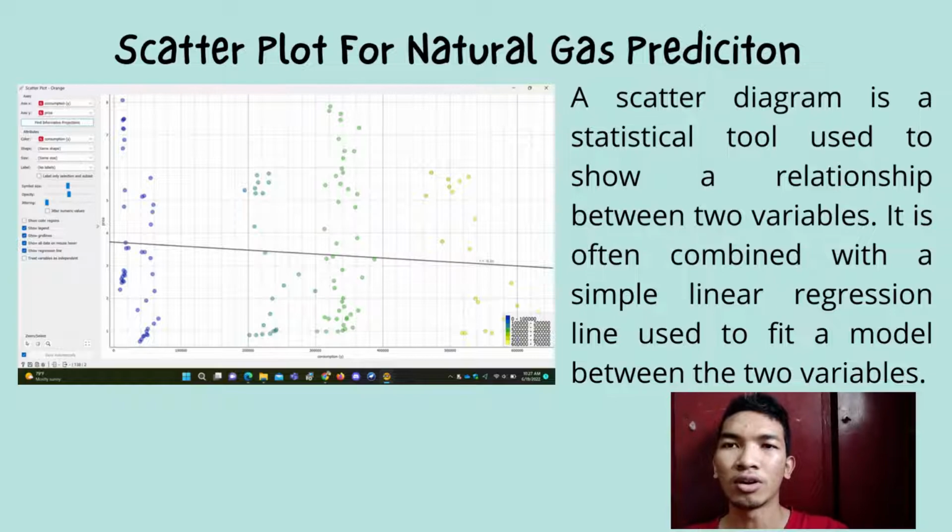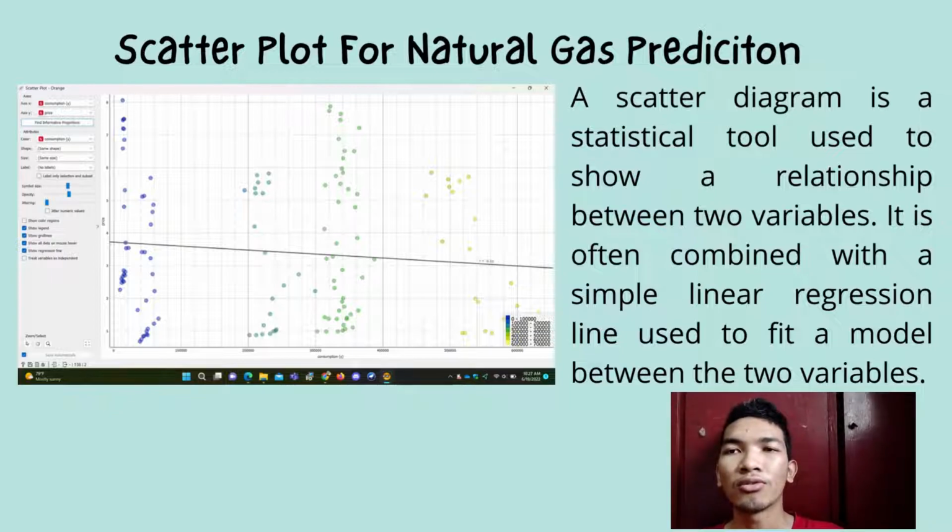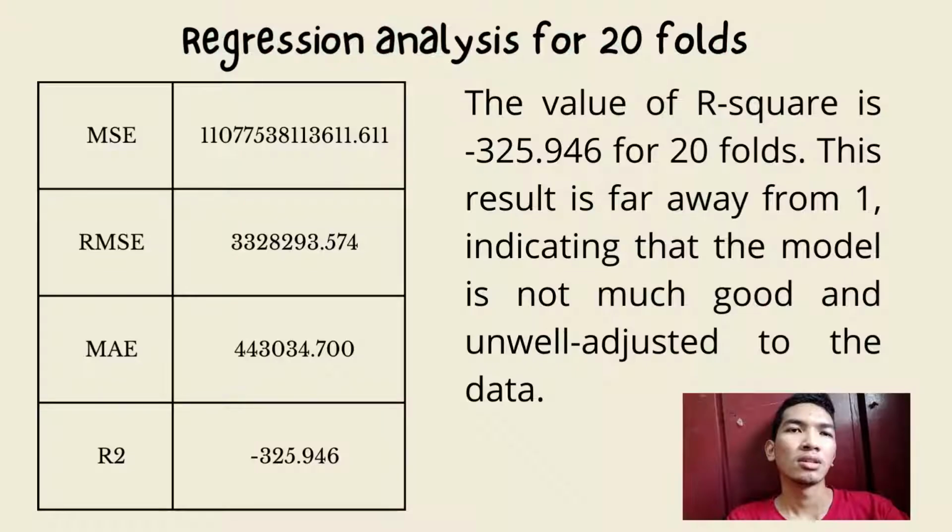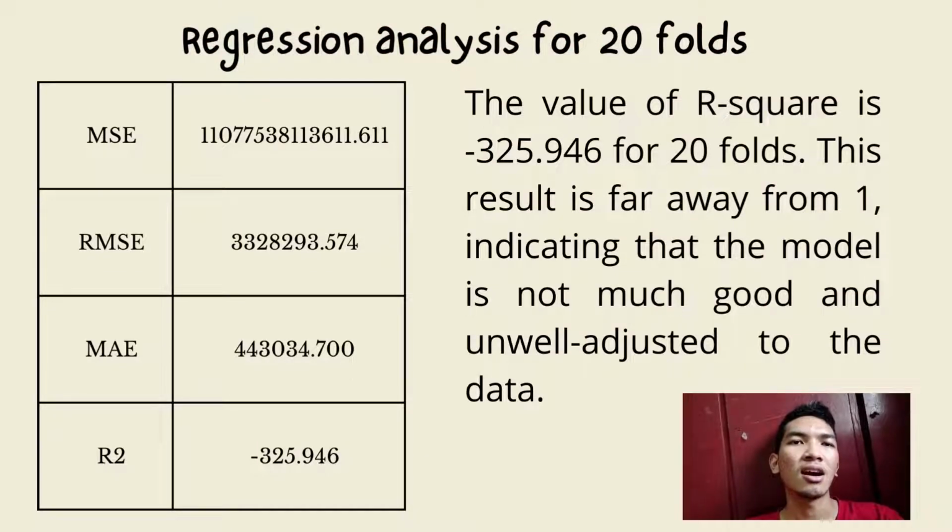A scatter plot diagram is a statistical tool used to show a relationship between two variables. It is often combined with a simple linear regression line used to fit a model between the two variables. The values for MSE, RMSE, MAE, and R square are recorded in the table above.